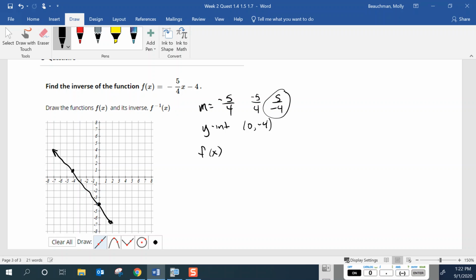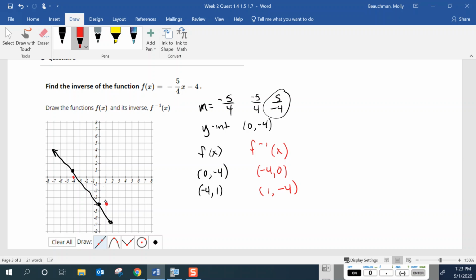So for my original function points, I know that I have (0, negative 4), and when I counted up 5 to the left 4 and landed here, I know that I have the coordinate (negative 4, 1). On the inverse, I just need 2 points to make a line. I'm going to take my coordinates and switch: (negative 4, 0) and (1, negative 4).